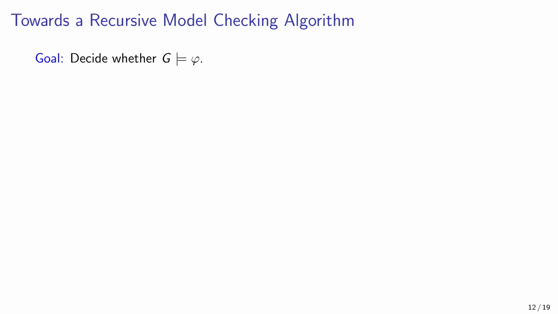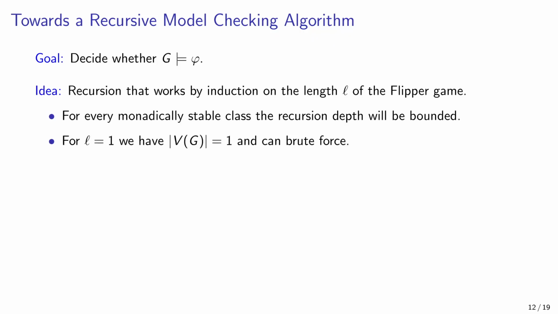We now want to use the flipper game in our model checking algorithm. Our goal was to decide whether or not phi holds in the graph G. And the idea is that we do a recursive approach that works by induction on the remaining number of rounds to play for the flipper game.